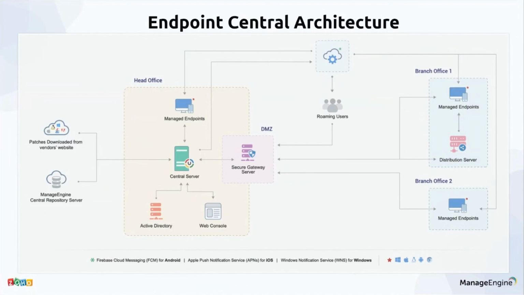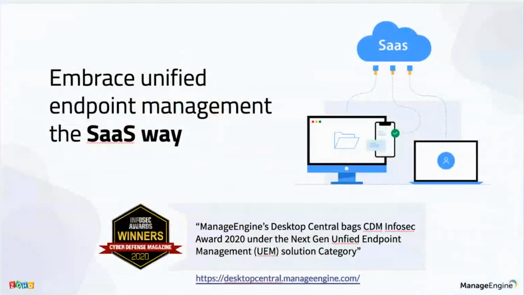This architecture talks about how you can manage the devices in LAN and wide area network. The workflow of Endpoint Central will be discussed with more detailed information in the upcoming sessions. Endpoint Central is currently available as a native cloud solution. You can sign up at the below URL to start accessing the Endpoint Central Cloud Edition.